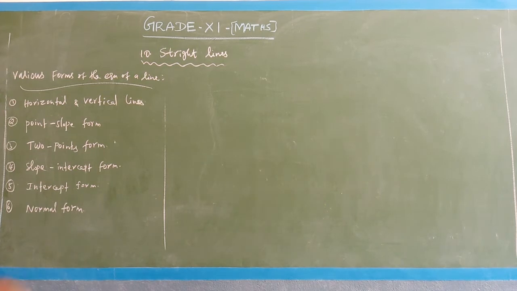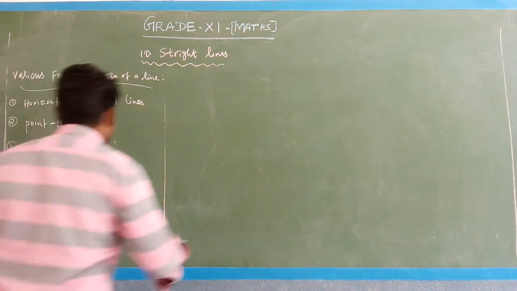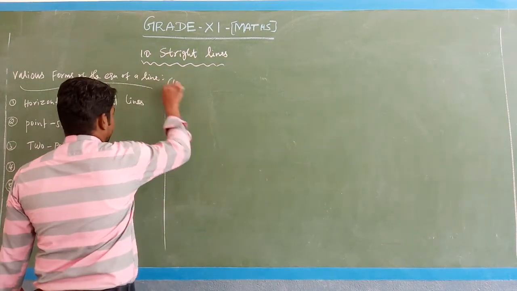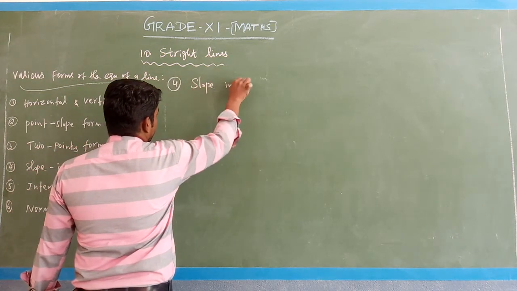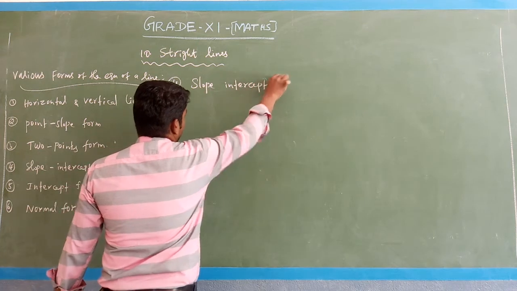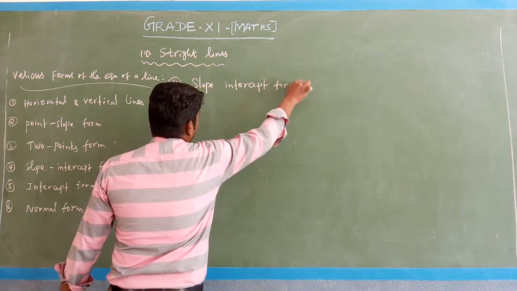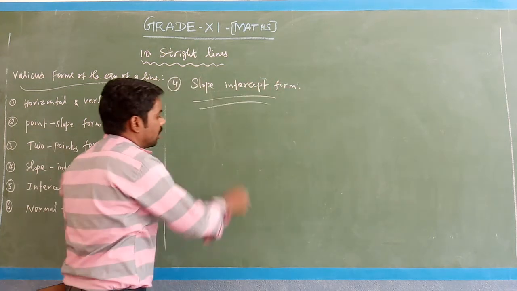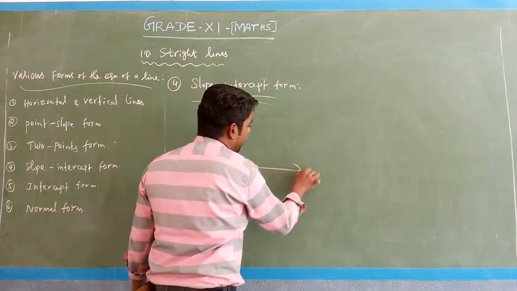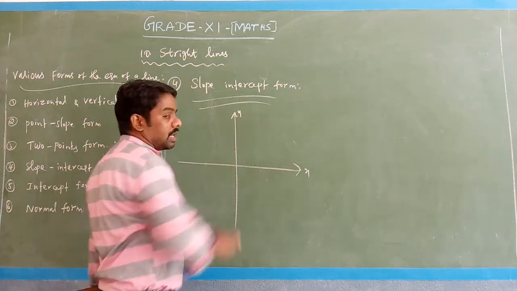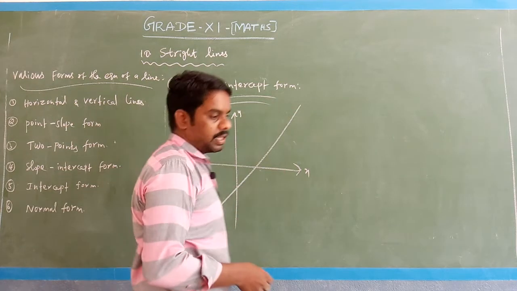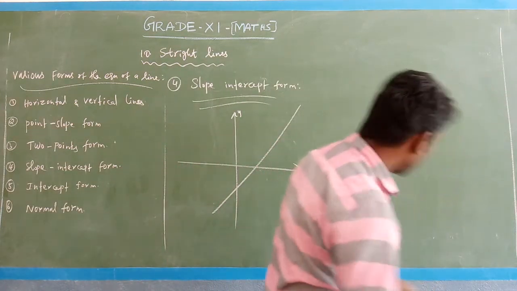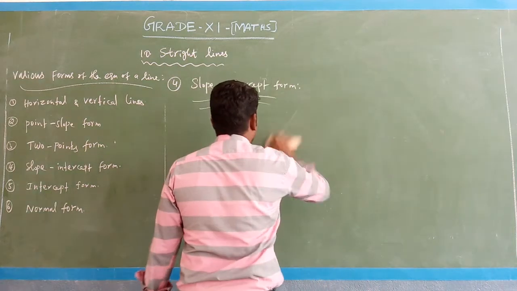Next, the fourth one, slope intercept form. Let us consider the xy plane. Draw a line L with slope m.